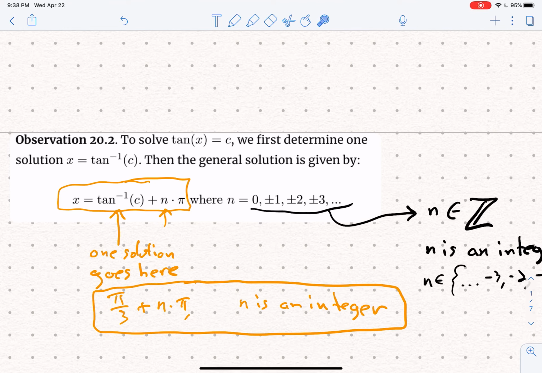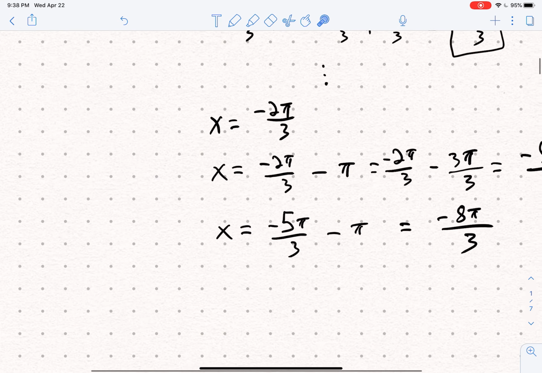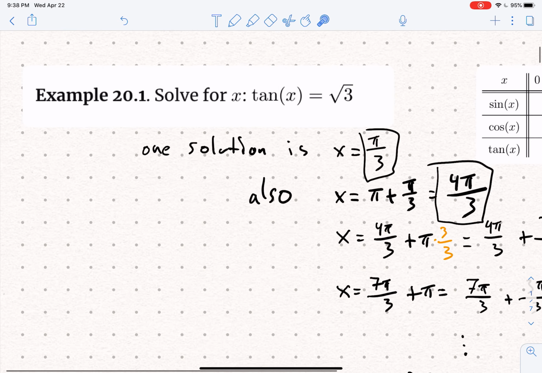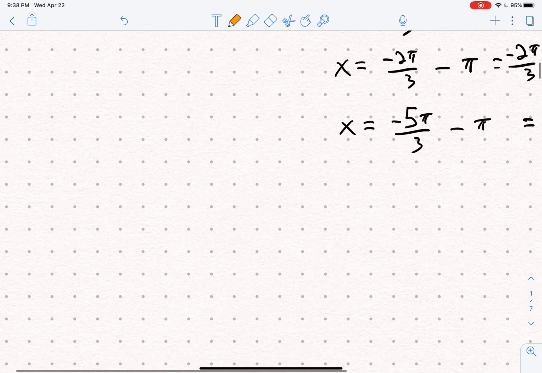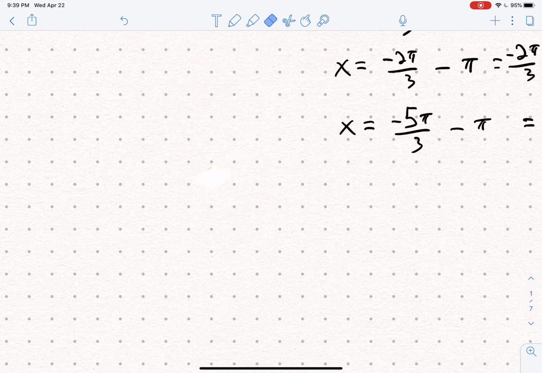So altogether, I'm just going to go back up and put all of these pieces together. The solution to this problem, remember the original problem was tangent of x equals radical 3. And here's our final solution to this. We'll do it in black just to be consistent. So our final solution, the general solution, that is to say the solution that captures all of the possible answers, looks like this.